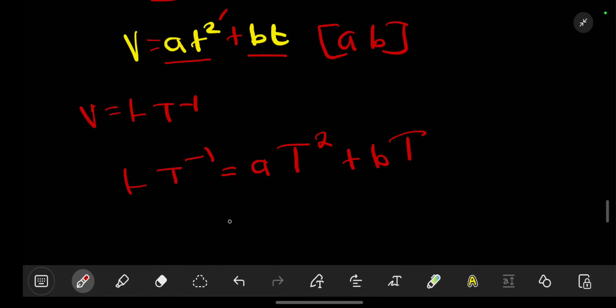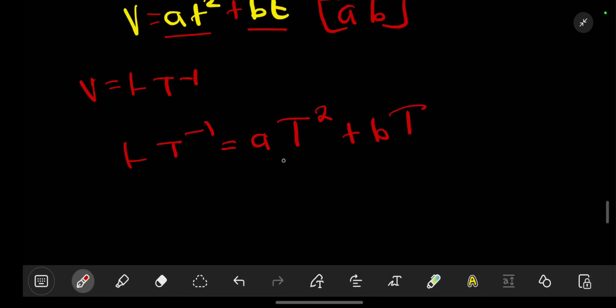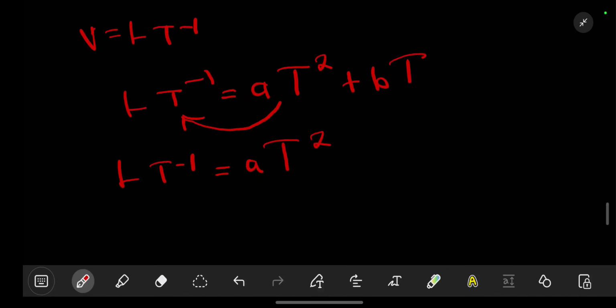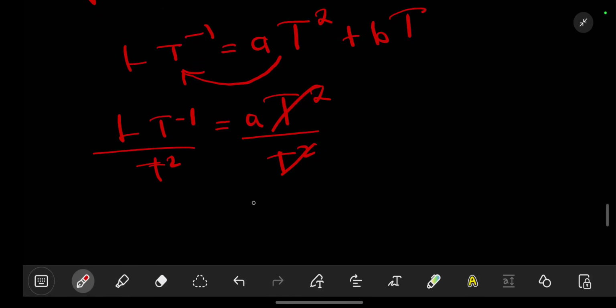Therefore, we are going to equate. That means this and this are equal. That's the meaning of the principle of homogeneity. So we have L T raised to the power negative 1 is equal to a T squared. We divide by T squared, then our a will be equal to L T raised to the power negative 1.